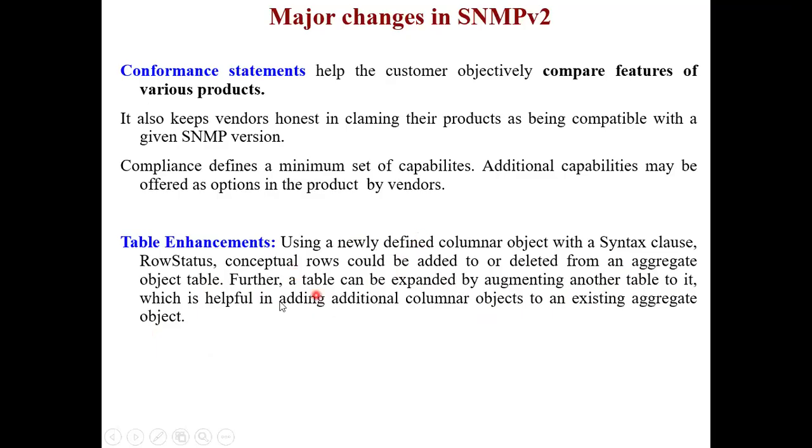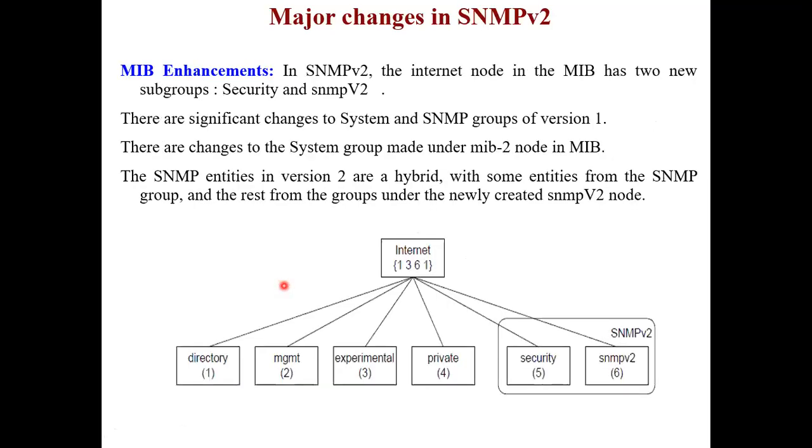So in short, the table enhancement with new features incorporated was provided in the case of SNMP version 2. This I will be discussing. So this was your SMI changes. Similarly, your MIB also will change. How the MIB changes, and all that, we will see in the next class.